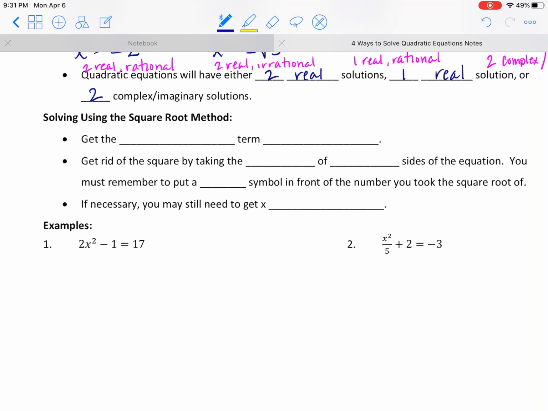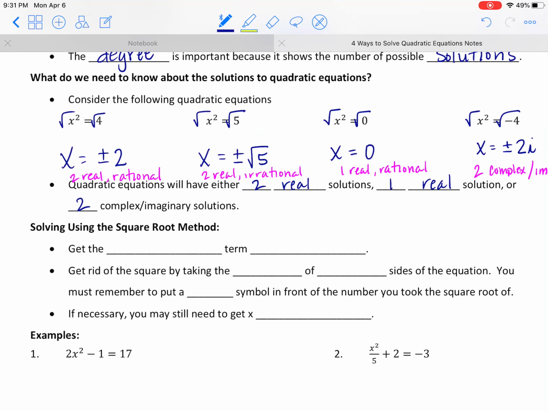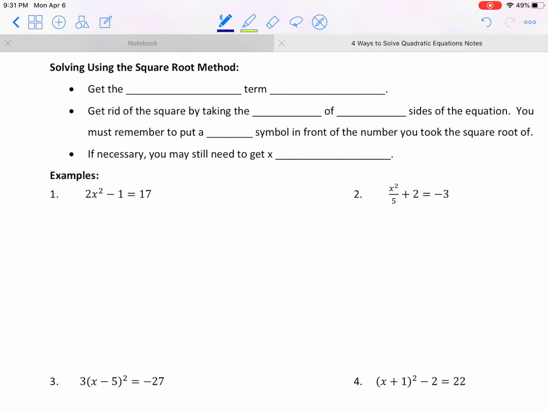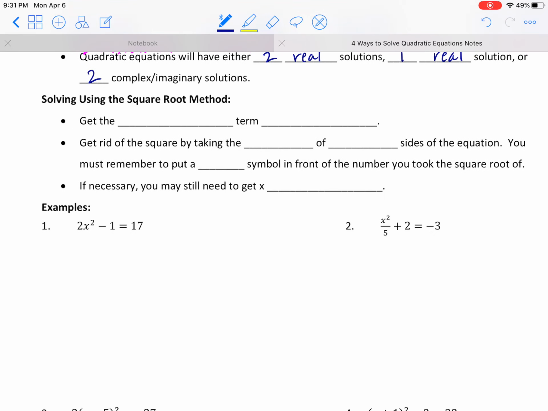Now, what we did to solve here is, I can't remember when we looked at it last, but somewhere along the line we've seen using the square root to get rid of the square, right? And that's a process we can apply whether the equation looks simple like these four or there's a little more to it. The goal would be to make these look like the others. If we could get this x squared all by itself, then we can square root to get rid of that square.